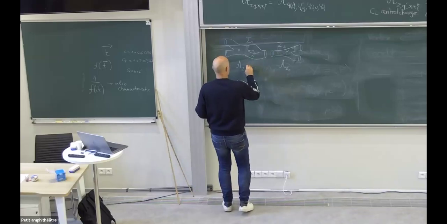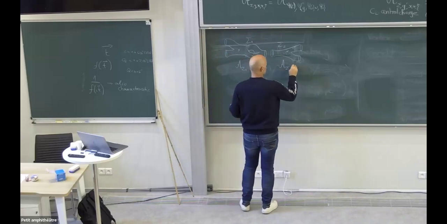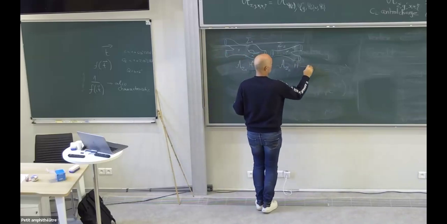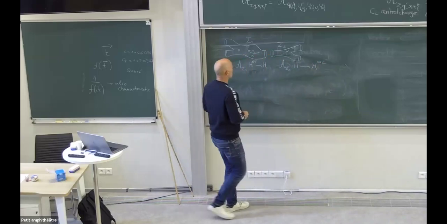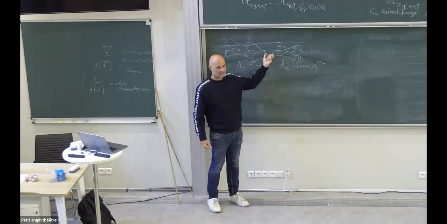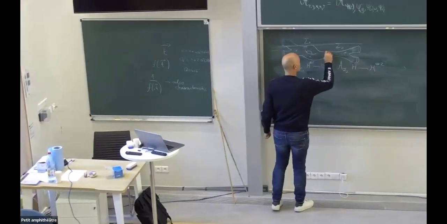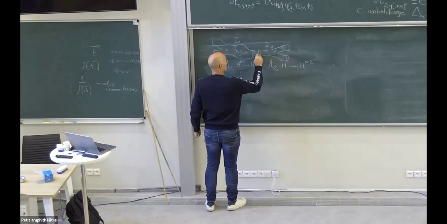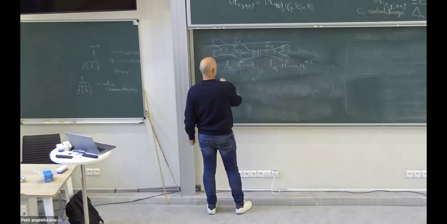This guy is a map from H tensor 2 to H, and this guy is from H to H. And the Segal axioms say that if you glue the Riemann surfaces along this boundary here, you will get a Riemann surface.